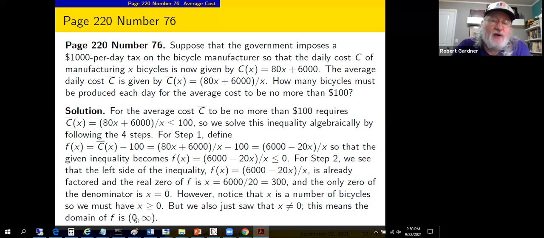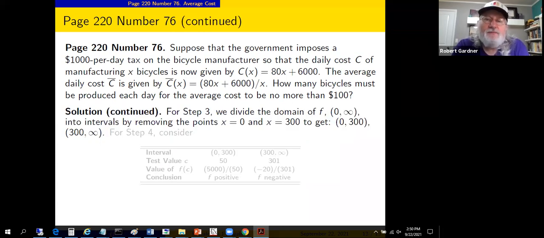So the domain of function f that is meaningful for this problem is the open interval from 0 to infinity. Granted, the function makes sense for negative x values as well, but it doesn't make sense in this context of counting bicycles. So we won't concern ourselves with the negative x values. It streamlines the work we have to do in answering this question.